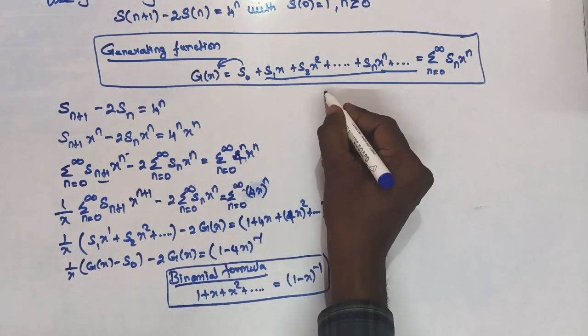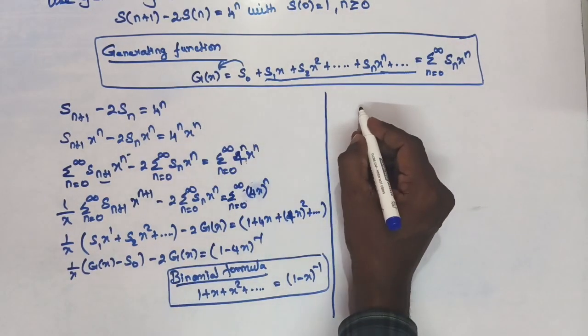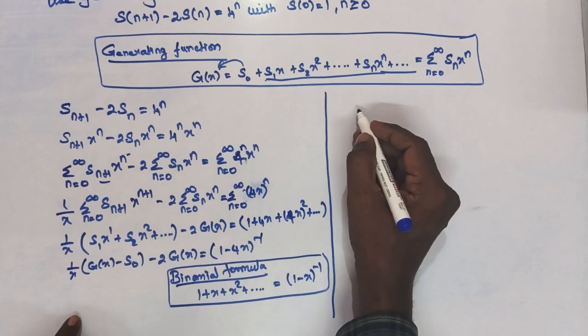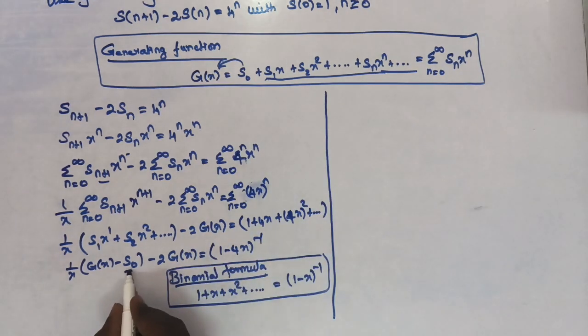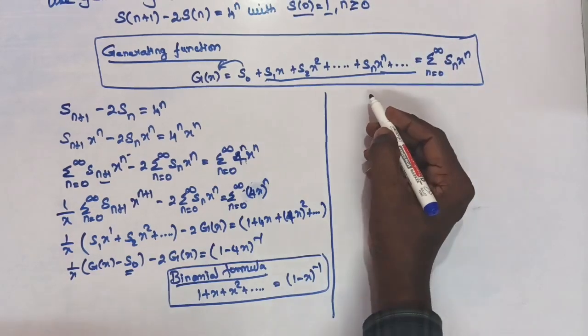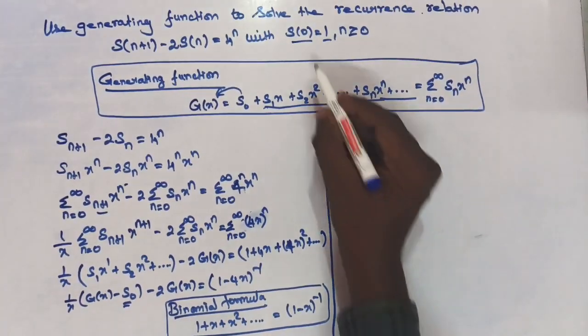Then I can take this division and write the remaining. This s naught initial value is already given there. S naught is equal to 1, you can see here.